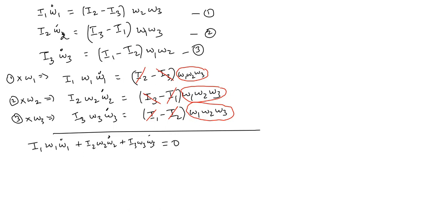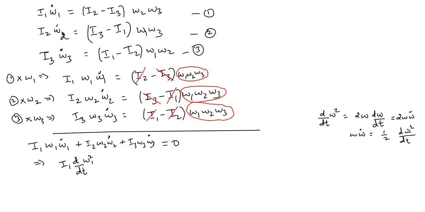Now we have to simplify this. So this can be written as I1 d by dt of omega 1 square, because when I take the derivative of omega square, I will get 2 omega d omega by dt. Therefore this can be written as 2 omega dot, so omega dot can be written as half d omega by dt. So therefore I will multiply by half here.